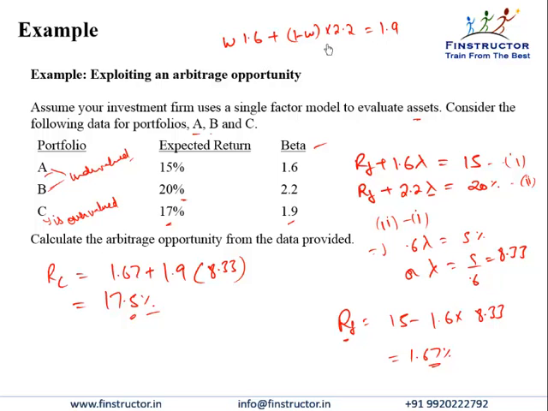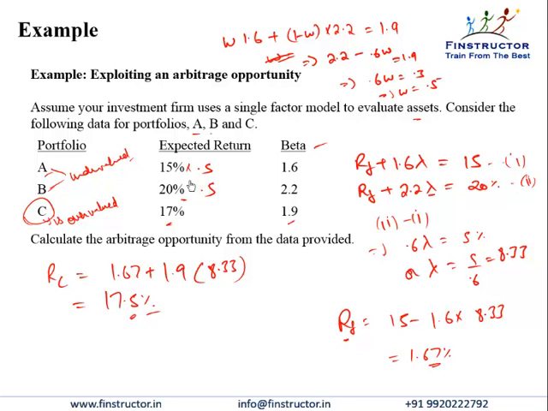So let's compute W, or we can say that 2.2 minus 0.6 into W is equal to 1.9, or 0.6 into W is equal to 0.3, or W is equal to 1 by 2, that is 0.5. So if we take 50% of asset A and 50% of asset B, our risk will be the same as asset C, because our risk will become 1.9.